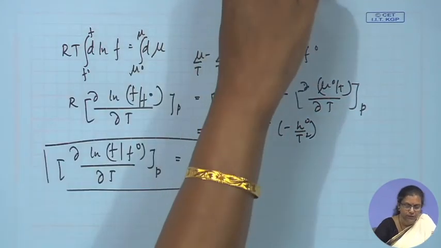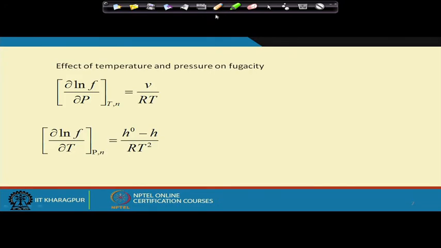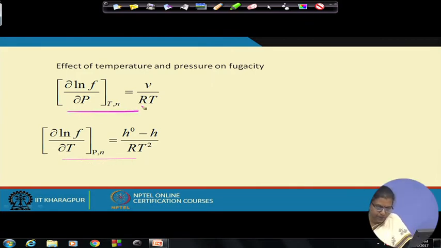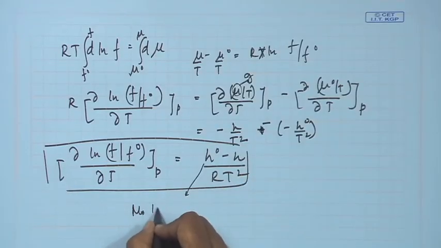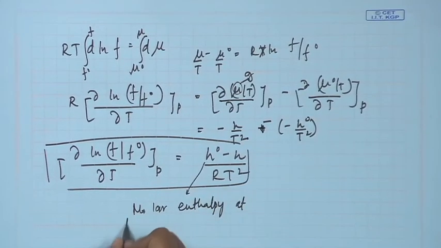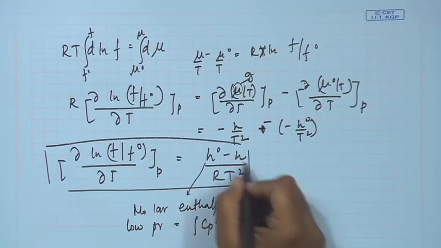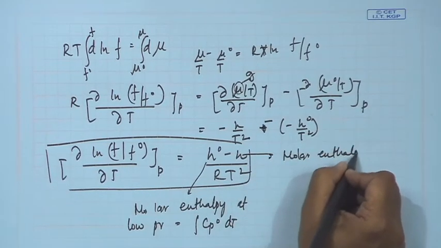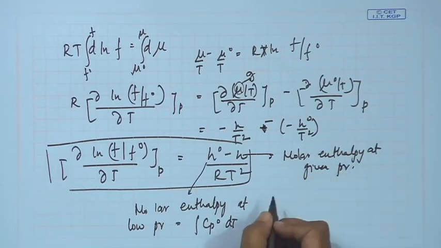The same equation which I have just jotted down, and the derivations are here. Where H 0 equals the molar enthalpy at low pressure, which is nothing but the integral of Cp 0 dT. And H equals the molar enthalpy at the pressure of interest, at the given pressure.